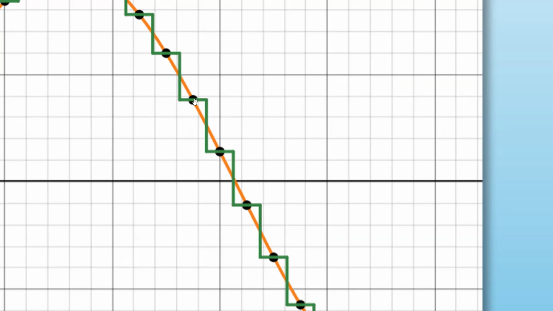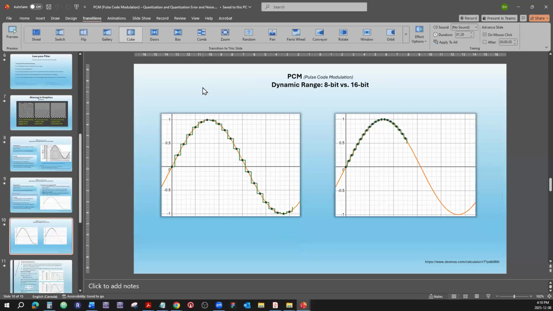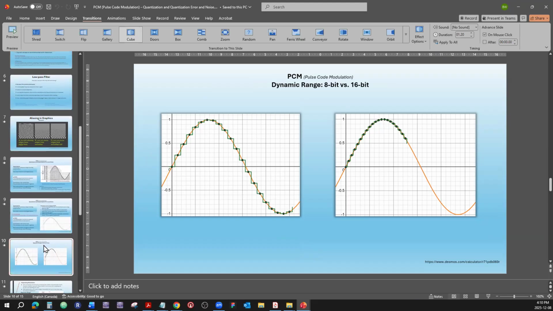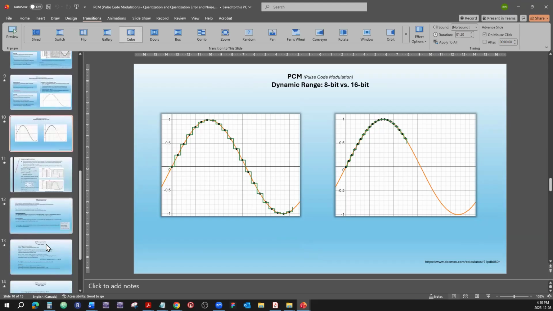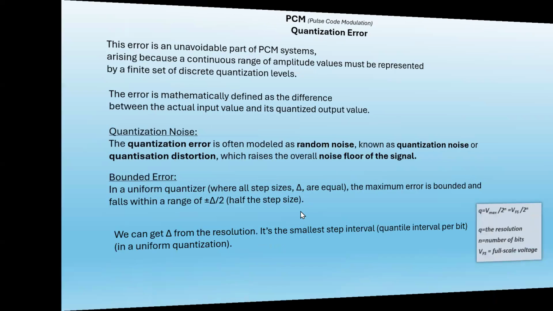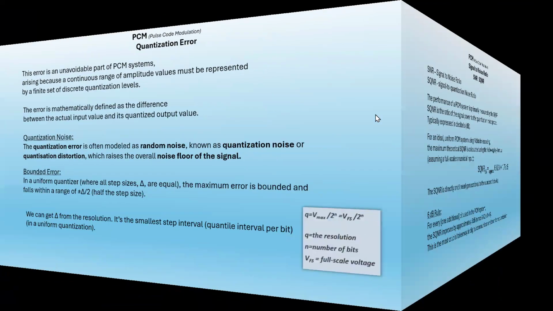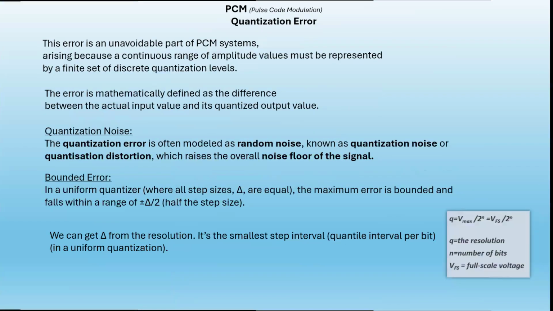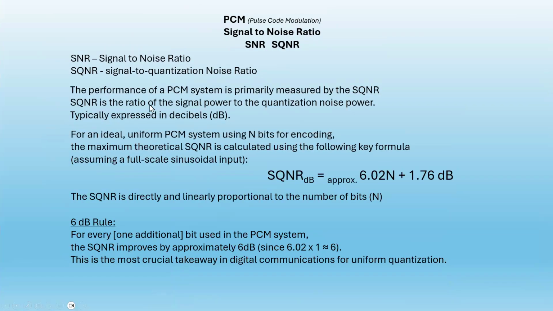But this is not this, which means that inaccuracy of representing the signal is going to create noise.